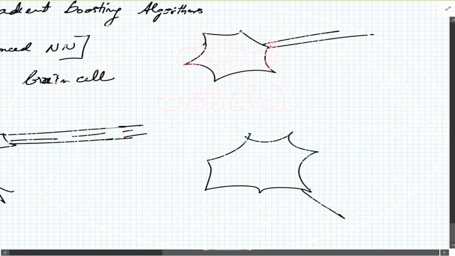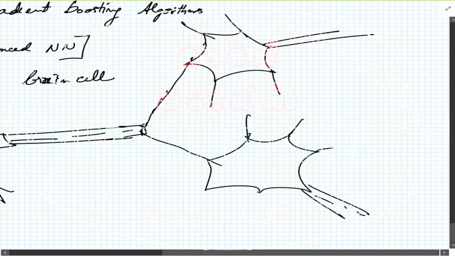This is how brain cells look when you zoom in a lot, maybe 1,000 times or 10,000 times. So this is connected to this, right? Again, you have multiple connections to this neuron. This is also connected to this, and there may be other connections as well.